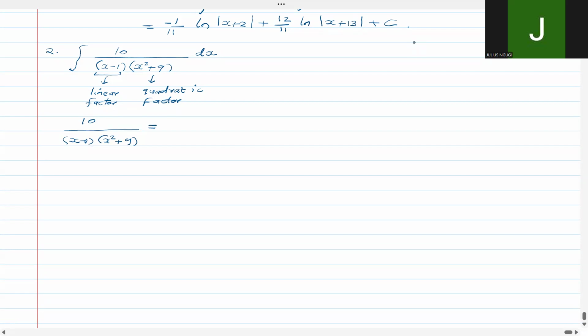This will be equal to A for the linear factor over x minus 1, plus, now the quadratic factor, we will use Bx plus C, then you divide here by x squared plus 9 because it's one quadratic factor.